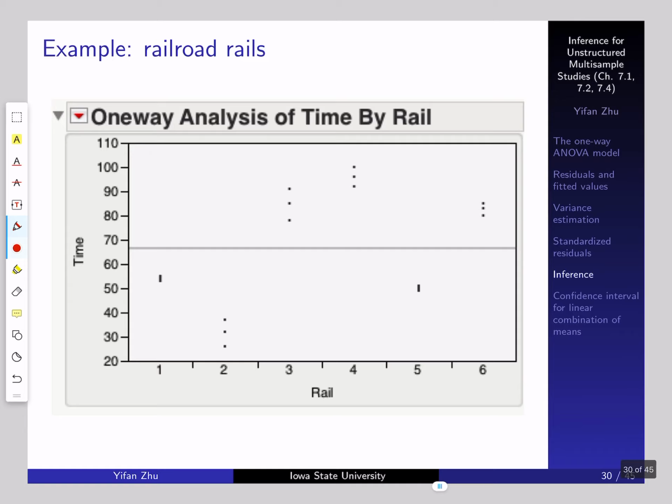And we can make a scatter plot of these travel times for each level of the rails. From this plot, we see that the means should be different.